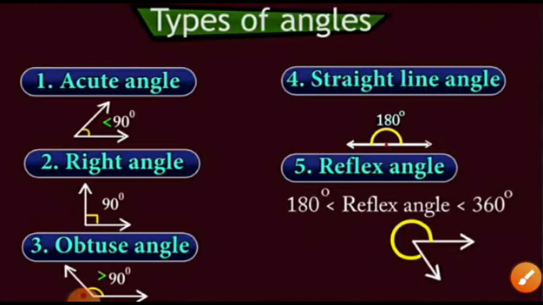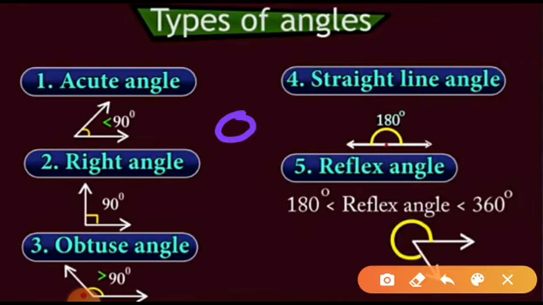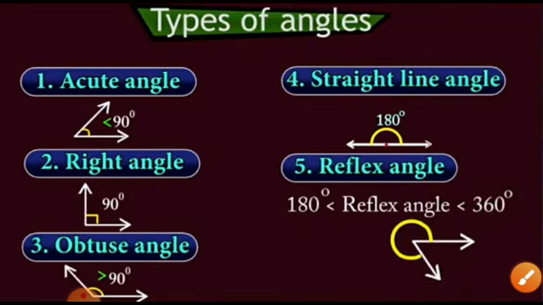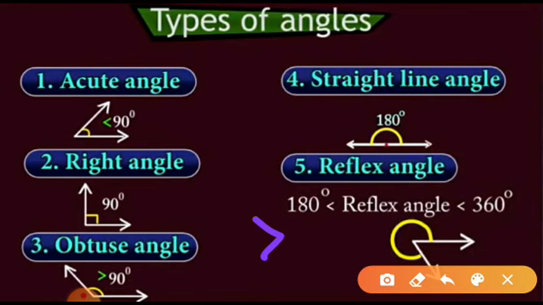Next, you have learned the different types of angles. First is the acute angle. What was an acute angle? An angle whose measurement is greater than 0 but less than 90 degrees.